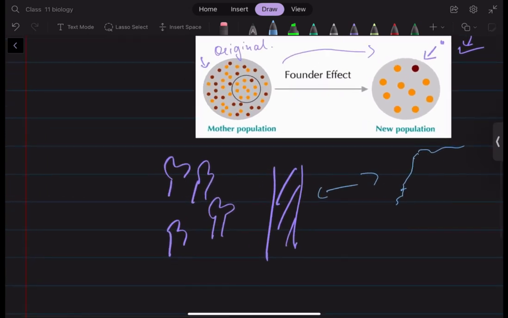So let us say there was a population of wolves over here, okay? Different kinds of wolves.